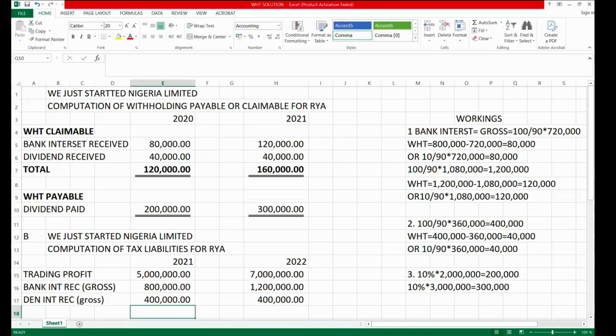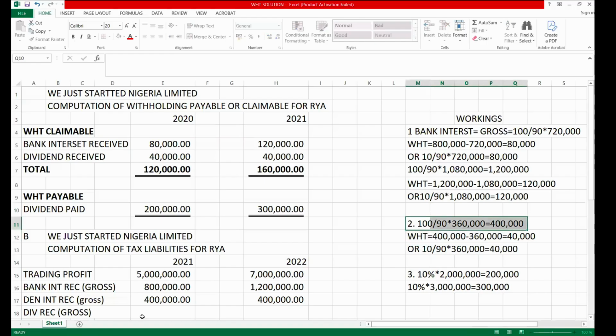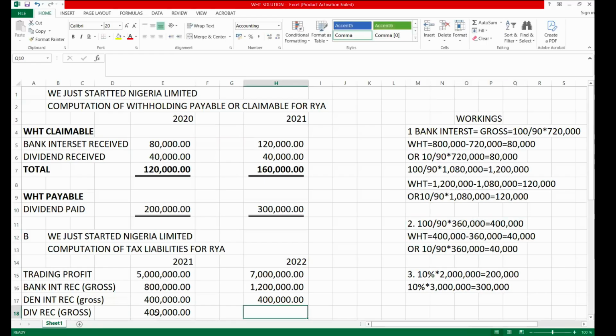After that, we have dividend received from Grace Love Limited, net. So you also put the gross amount. We calculated it here. The gross amount is 400,000, so you put it there, 400,000.